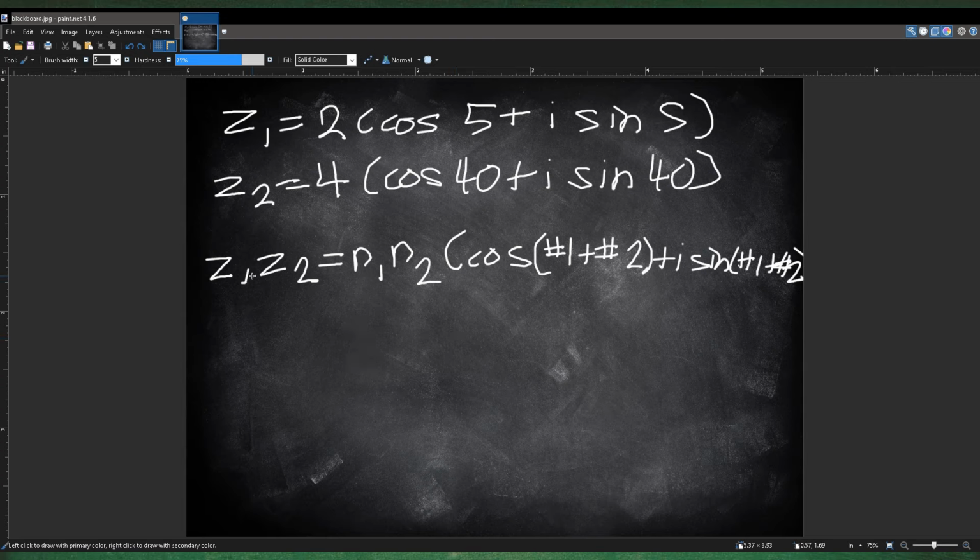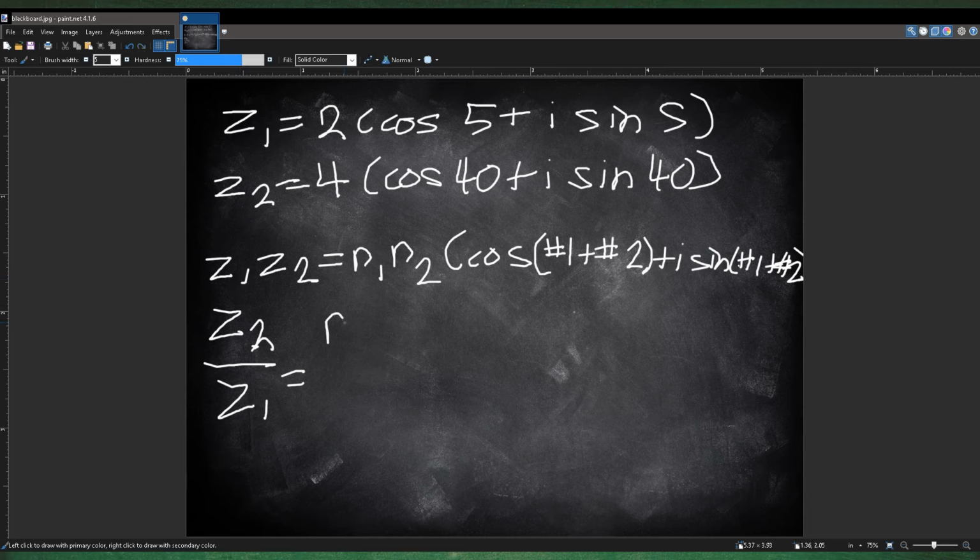And now let's find out how to divide complex numbers. So let's say you have complex number 2 divided by complex number 1.